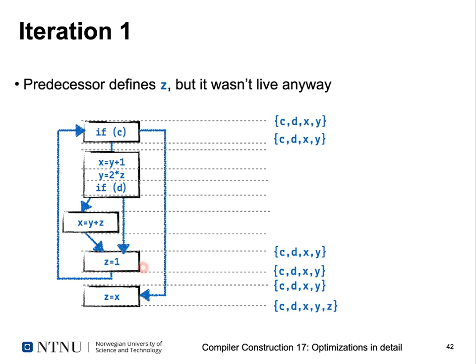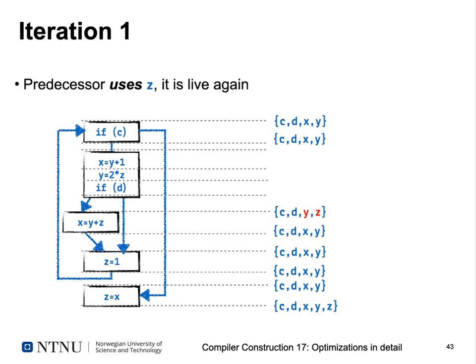And since this assignment just overrides the variable z with a constant value, we're not changing anything, because z was not actually live at that point in our program flow given our current state of the analysis. So our input state for this instruction z equals 1 is identical to its output state.